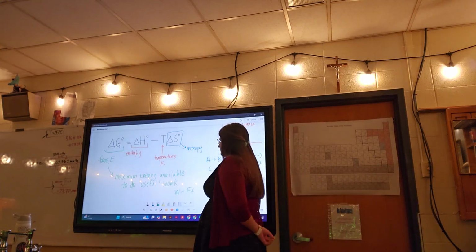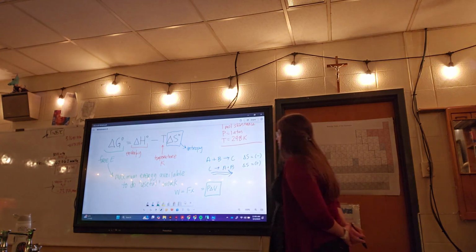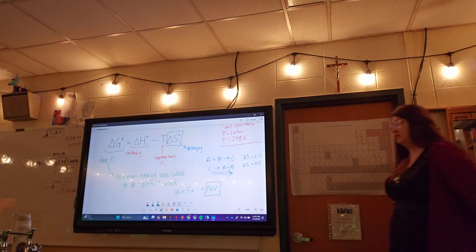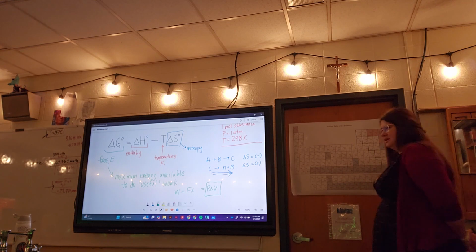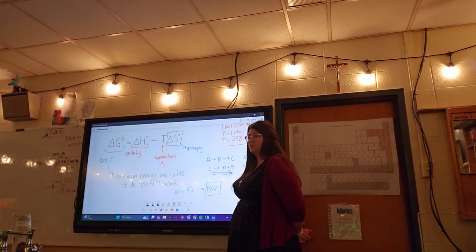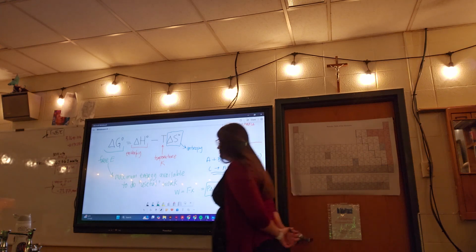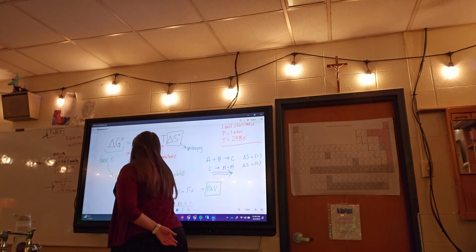And so usually pressure and volume in chemistry is how we define what work is. And so if there's a change in volume of a substance, then useful work is done. What does that mean in order to change the volume? It really means, can the reaction progress? Can products be made?